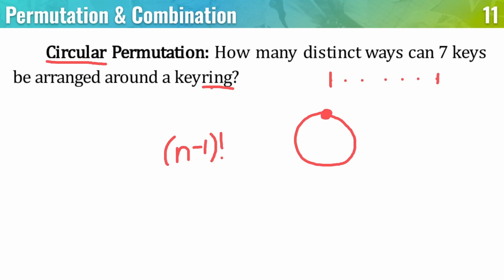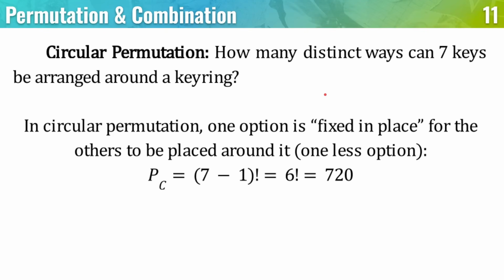But for arranging around a ring, you need to choose one of the keys or the elements to be the starting point, and then the other ones can be arranged freely. So in circular permutation, one option is fixed in place for the others to be placed around it. So that gives us 7 minus 1 is 6, and 6 factorial is equal to 720.